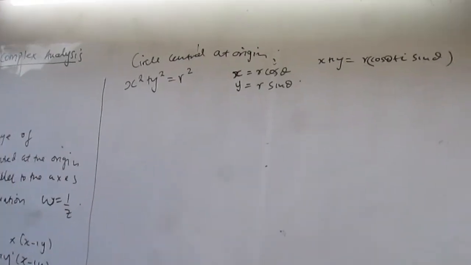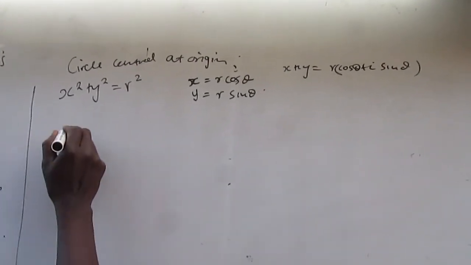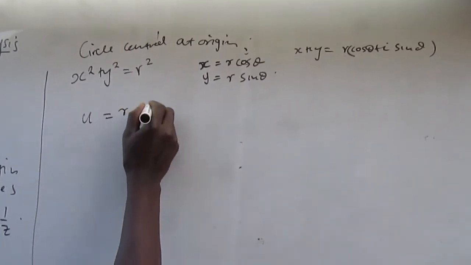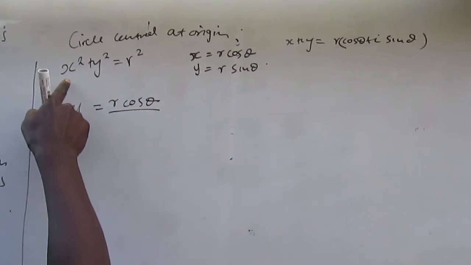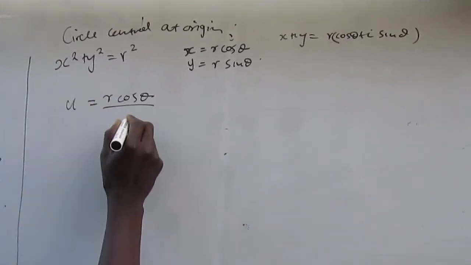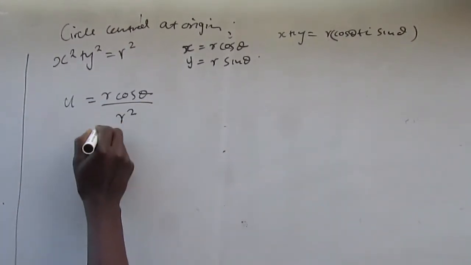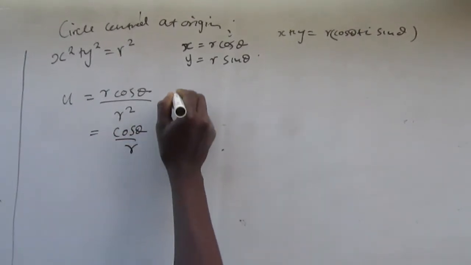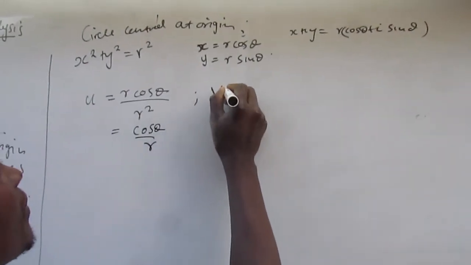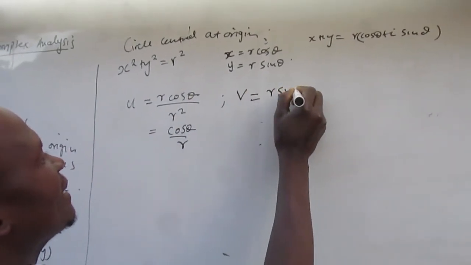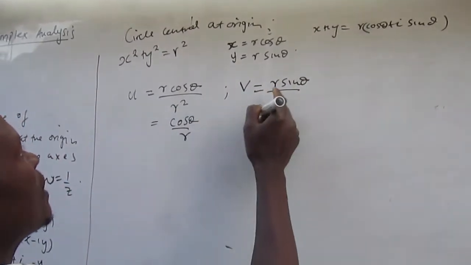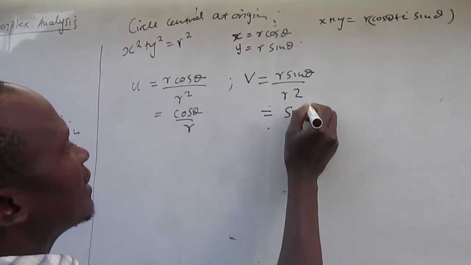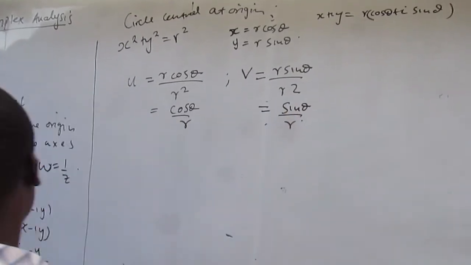And so that then means that u will be equal to x, which is r cosine of theta, over x squared plus y squared, and that is r squared. And so u is the same as cosine of theta over r. Now v is the same as negative r sine of theta over x squared plus y squared, which is r squared, and that means that v is equal to negative sine of theta over r.